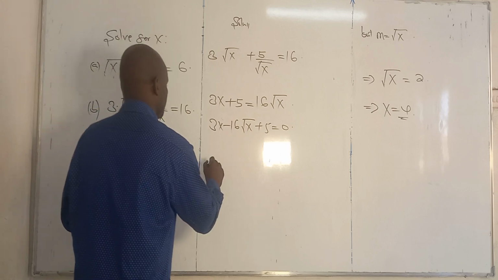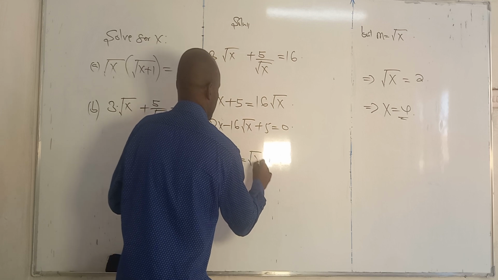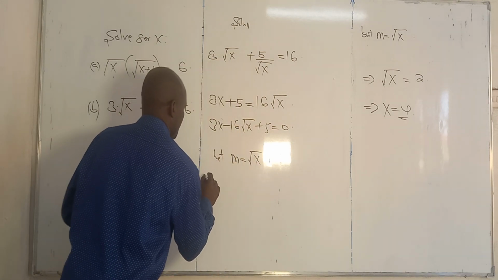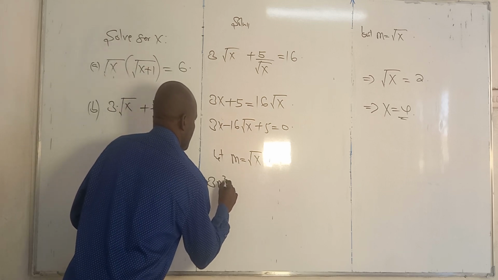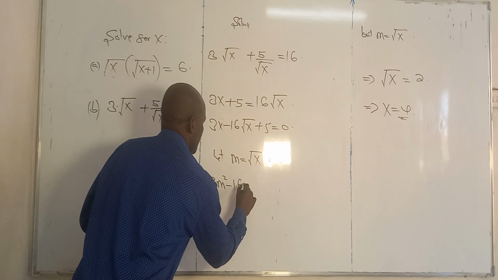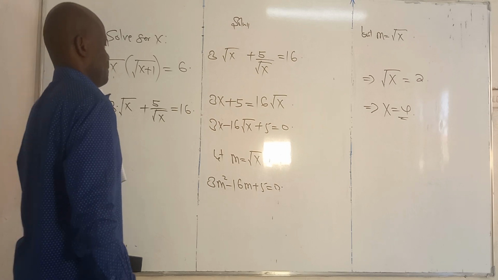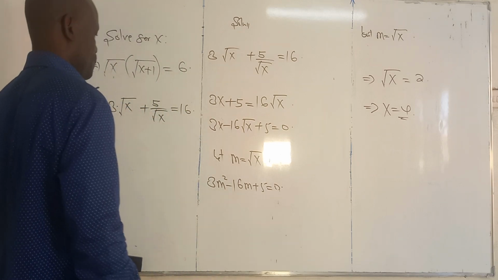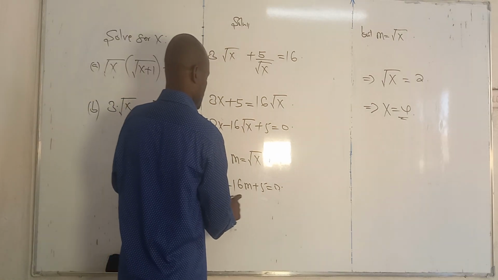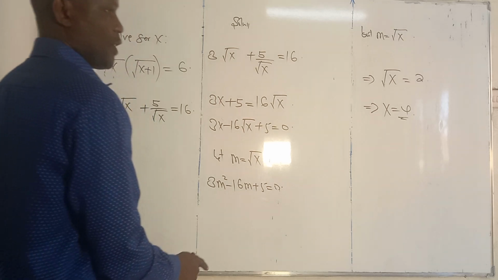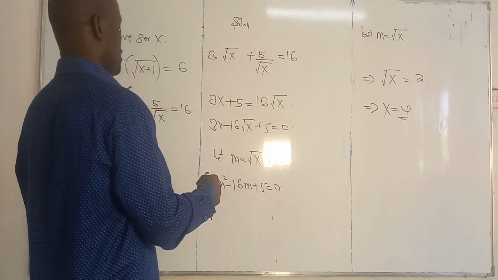Let m be root of x again. That will allow me to say 3m squared minus 16m plus 5 is equal to 0. So I'm looking for two numbers whose product is 15 and sum is -16.